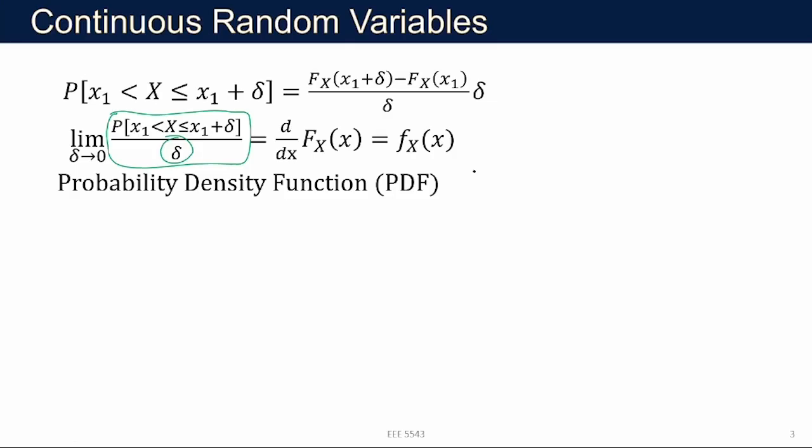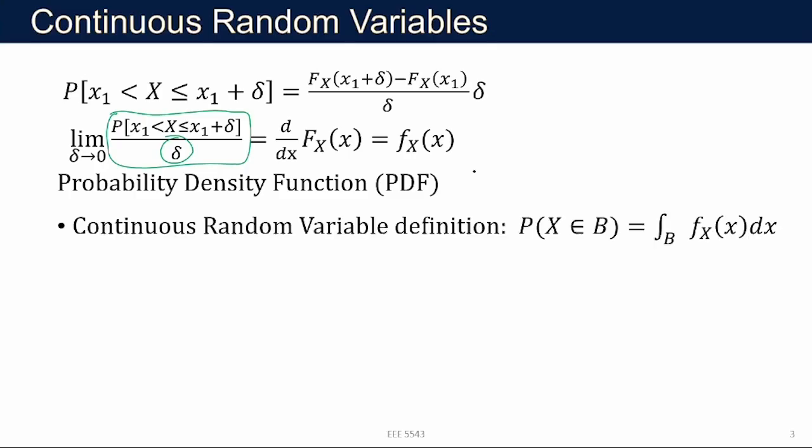And what this density does is describe a probability around this value x1, but not exactly at that value, because we know that the probability of a single outcome is 0. That's why the probability density function describes the probability around that event, not at that event. So now we would like to use this definition of probability density function to define what a continuous random variable is. We'll use the following definition: a random variable is continuous if it behaves like a continuous random variable, as we like to do in math.